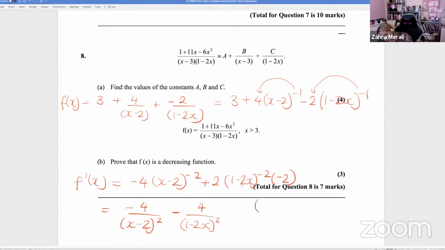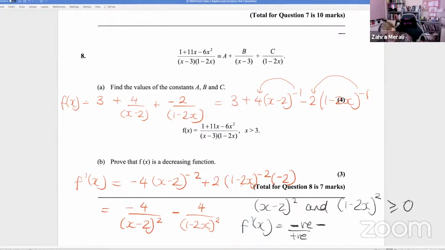We know that (x minus 2) squared and (1 minus 2x) squared have to always be greater than or equal to 0. Now, if we're multiplying them by minus 4, that means f dash x is a negative over a positive, so it gives you a negative.